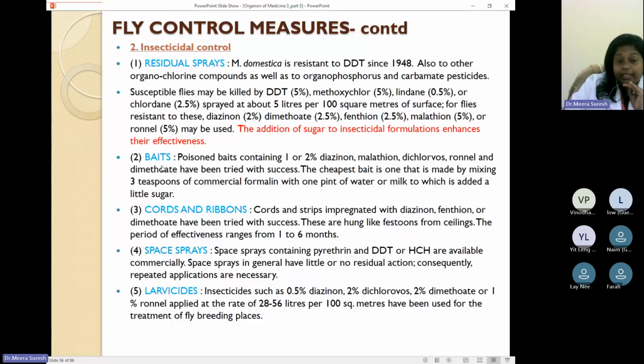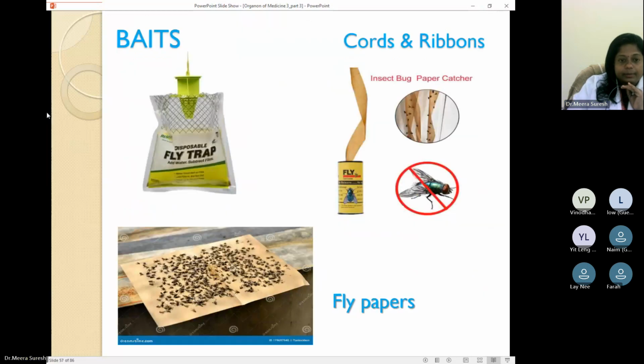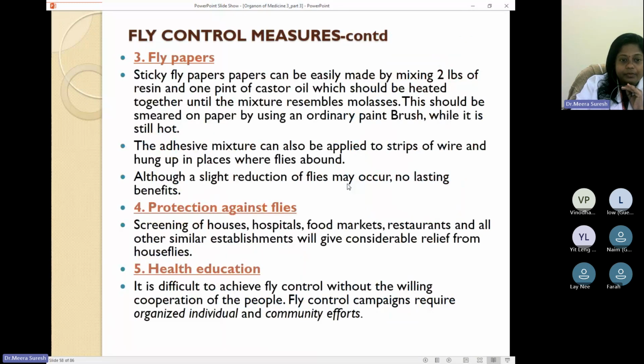Then we can use certain kinds of baits, something like this, the fly trap, the disposable one. Of course, I'm showing some company things because when I googled, I got this first picture and just put it. It is not any kind of endorsement.